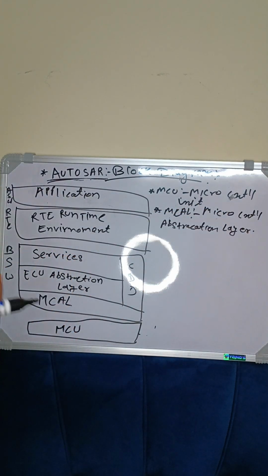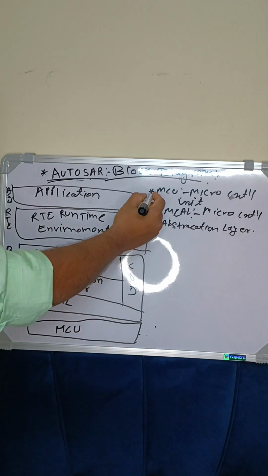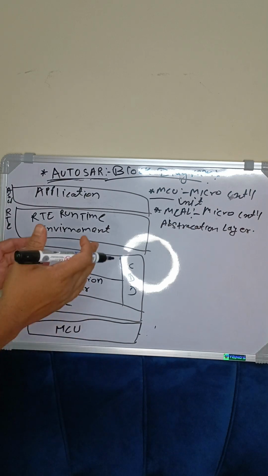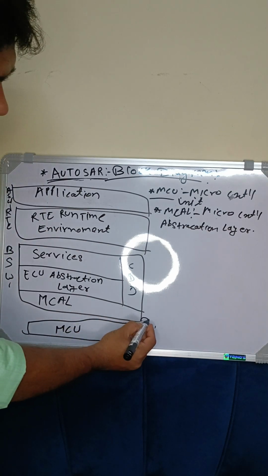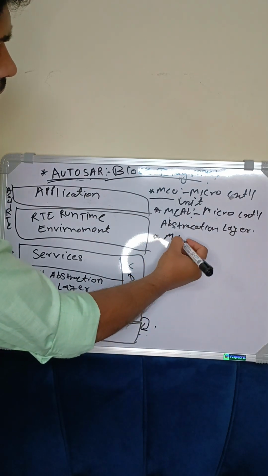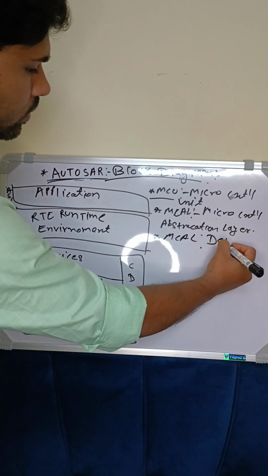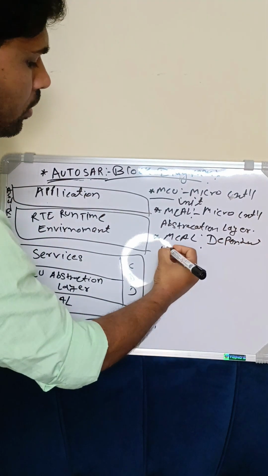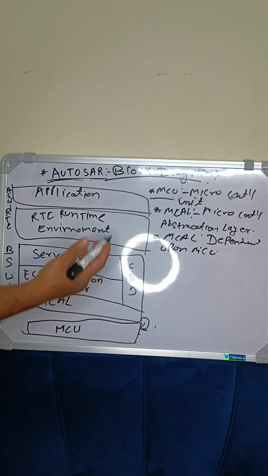It is one type of software module that directly accesses the chips using the MCU, and it keeps BSW and SW independent of the MCU. One more thing, the MCAL layer depends upon the MCU. That is the MCAL layer.